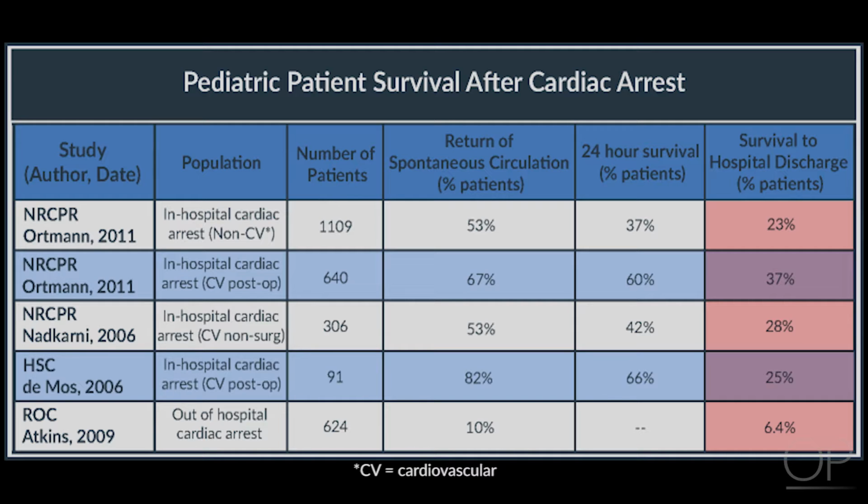So clearly many of those deaths that we end up seeing are not just in the immediate cardiac arrest period, but they are in that post-cardiac arrest phase. And hopefully by having a clear understanding of why we end up losing children during that time, we'll be able to change therapy to actually change outcomes.